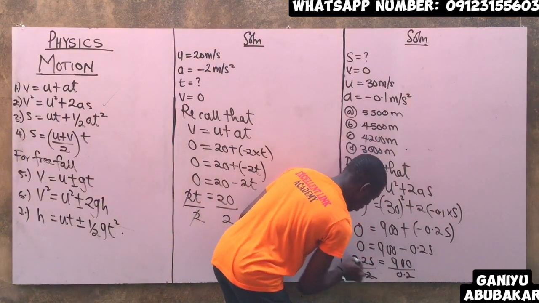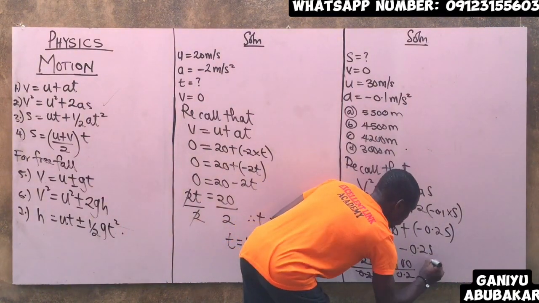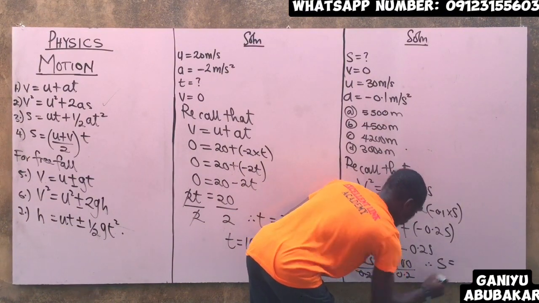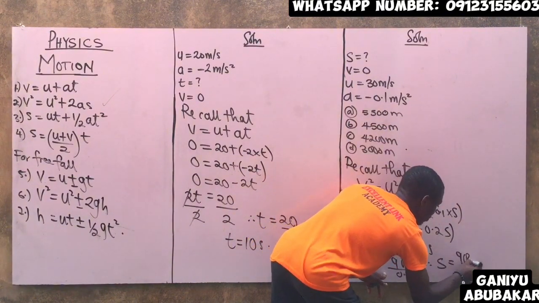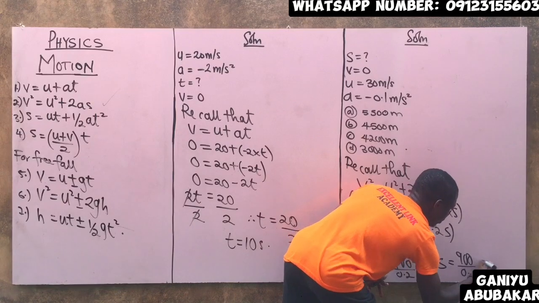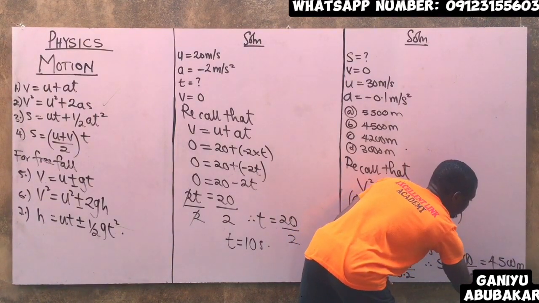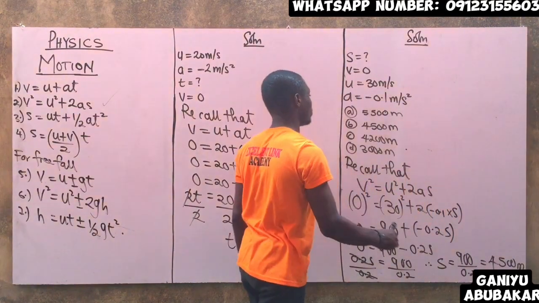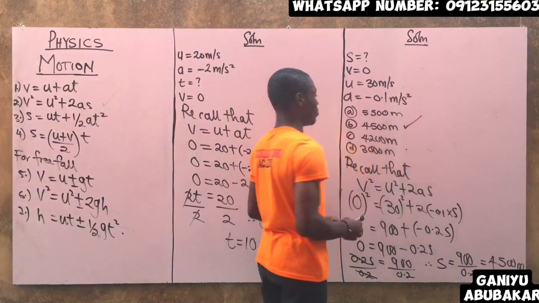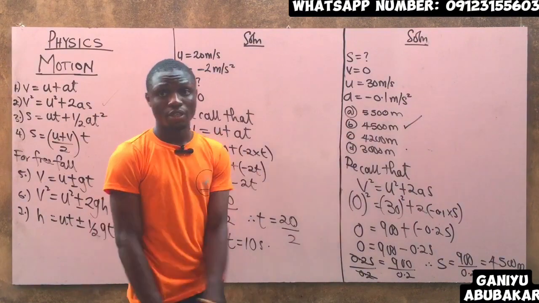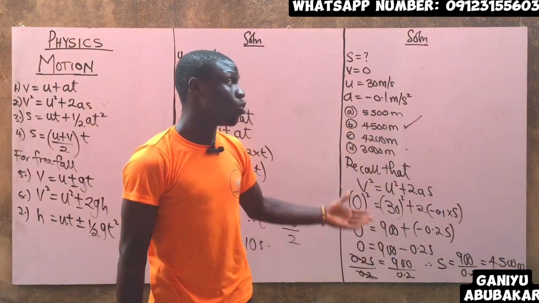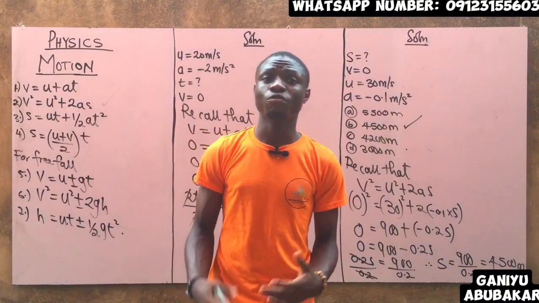It means that this one cancels this, left with s. So s is equal to 900 divided by 0.2, which gives 4,500 in meters as my answer. So the answer is B. So this is how to solve problems under the equations of motion.